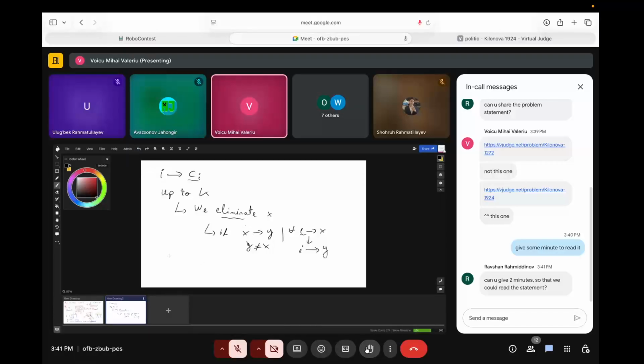Then, if X would vote for themselves, I'm just repeating the statement right now. If X were to vote with themselves, then for every individual i who would vote with X, they would now be undecided.